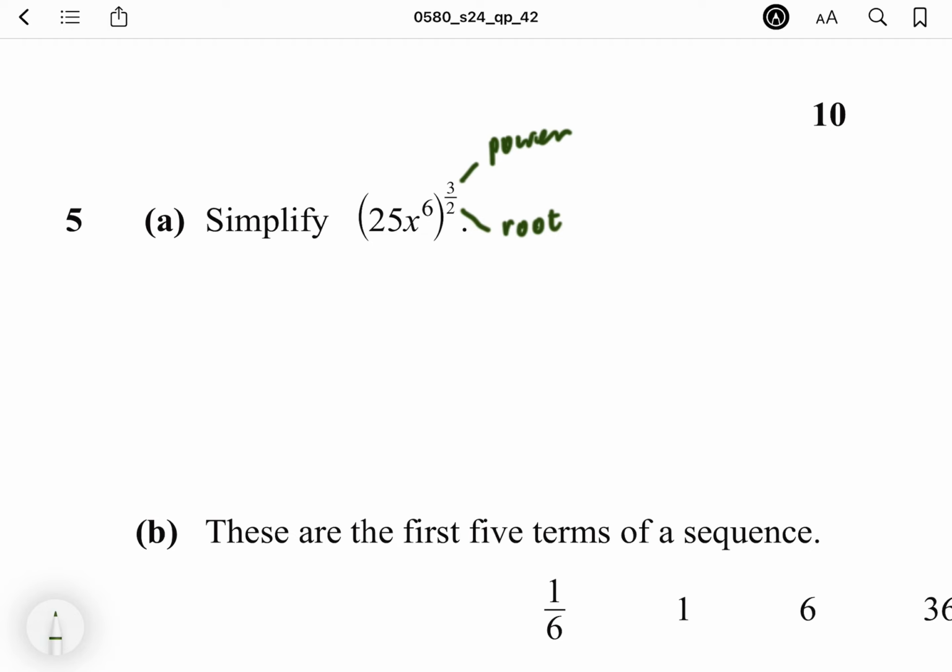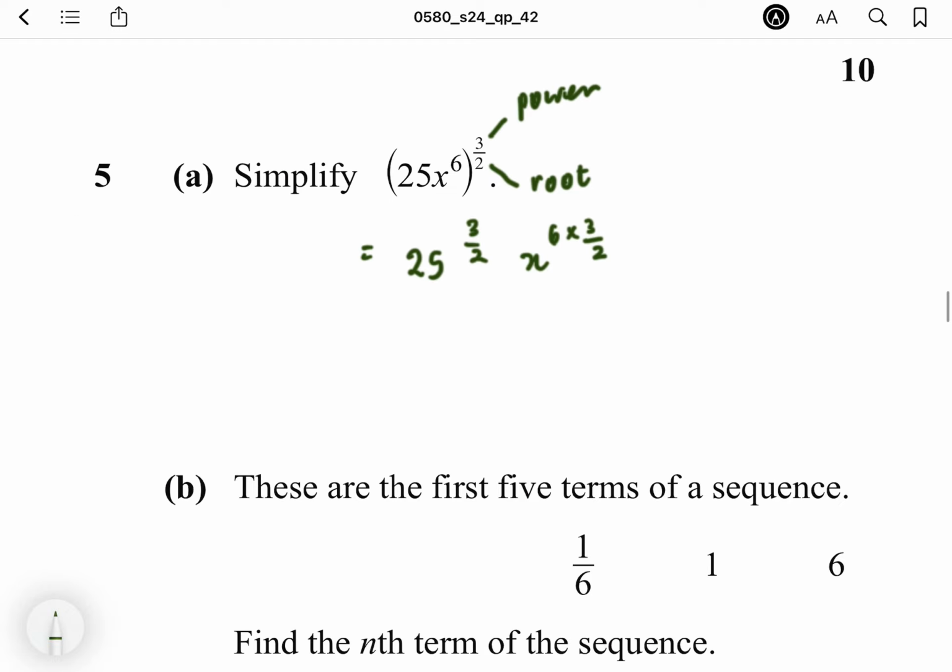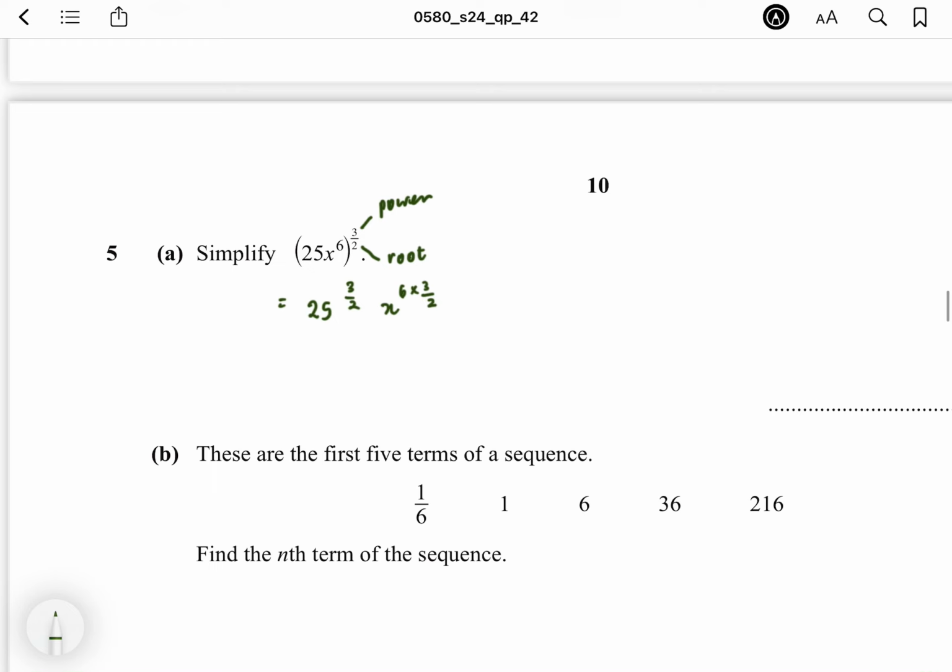So you can first multiply it out. Okay, so it becomes easier. And then root of 25 power 3. Remember, the numerator is the power, the 2 is the root. You can do that, right?